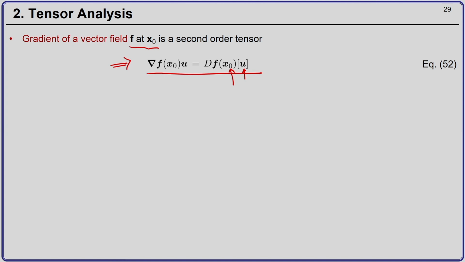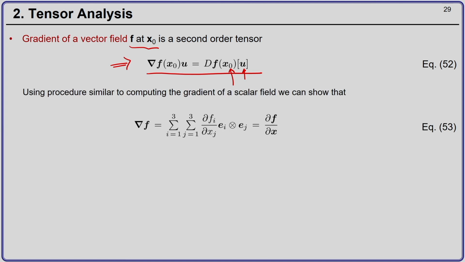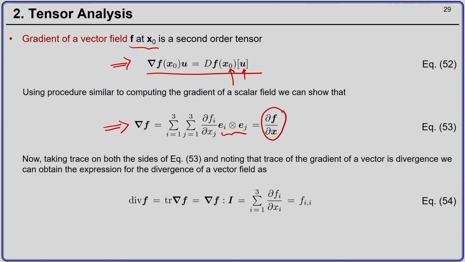If we follow the procedure similar to the scalar field, we can show that the gradient of a vector field is nothing but double summation over i and j going from 1 to 3 of del f i by del x j e i tensor product e j, or in direct notation we have del f by del x, and this incidentally is f i comma j.